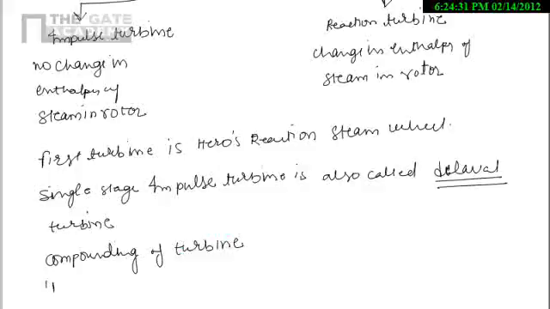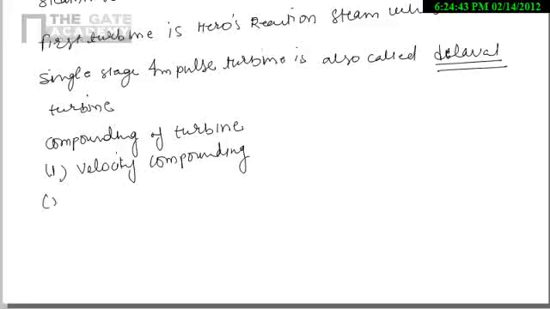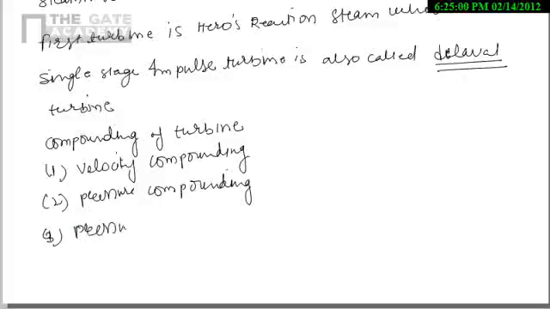Basically there are two kinds of compounding, that is velocity compounding and pressure compounding, and we also have a combination of velocity and pressure. So I can write pressure velocity compounding.